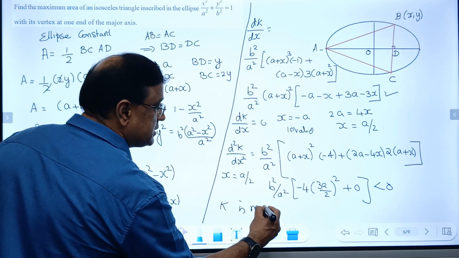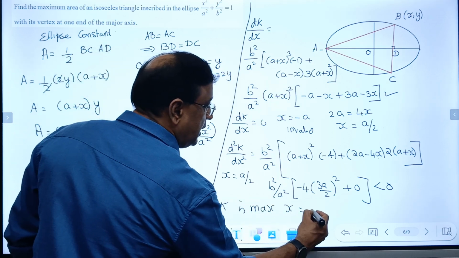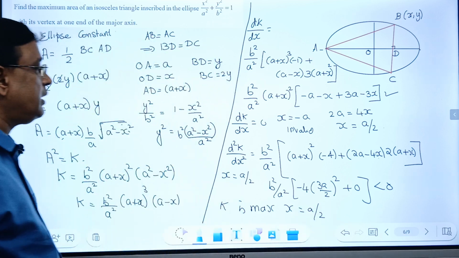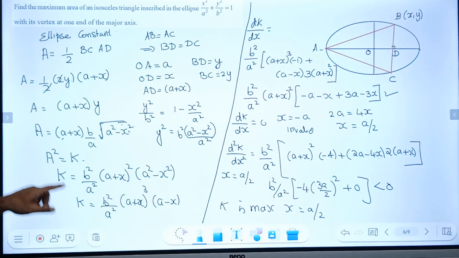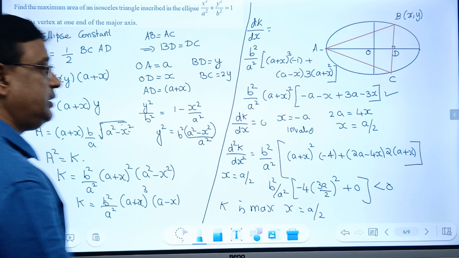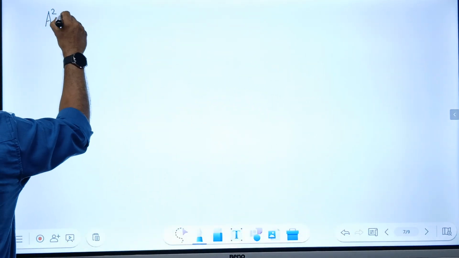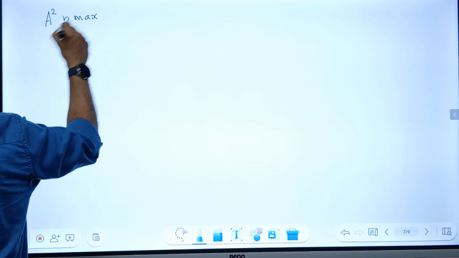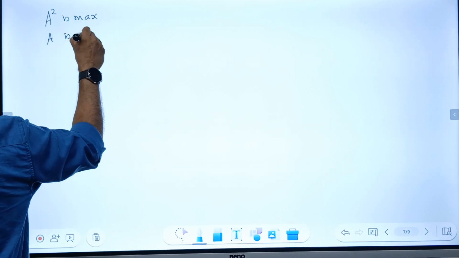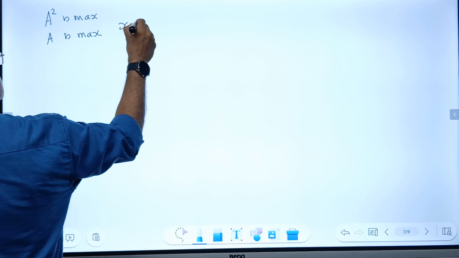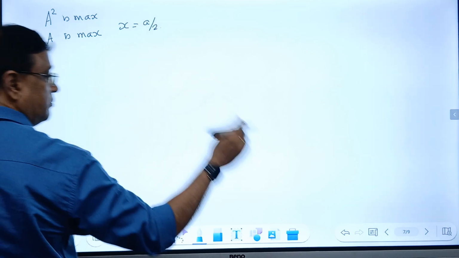K is maximum when x is a by 2. Correct? If K is maximum, what is maximum? A square is maximum, therefore A is maximum, right? So I'll go to the next page. So A square is maximum, or you can say A is maximum when x is a by 2.